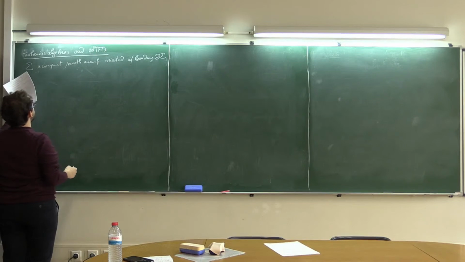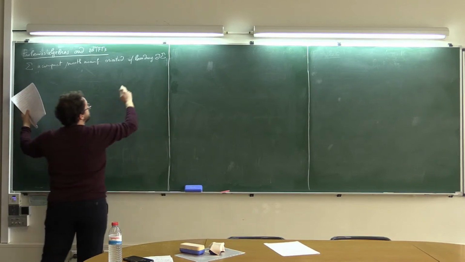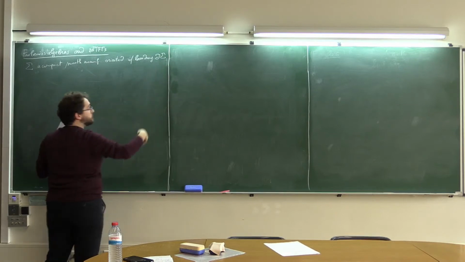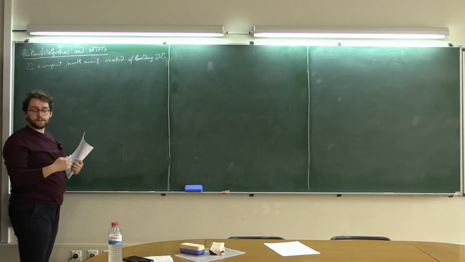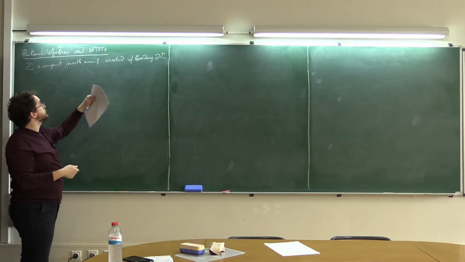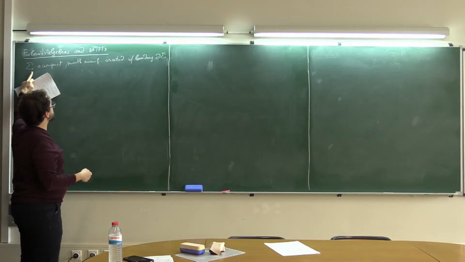So an orientation on sigma induces an orientation on the boundary. But in what follows, I will not assume the boundary to be equipped with the orientation induced by the one on sigma.